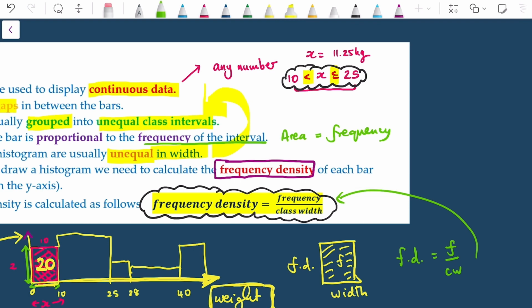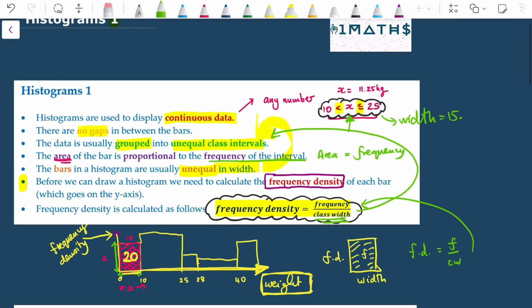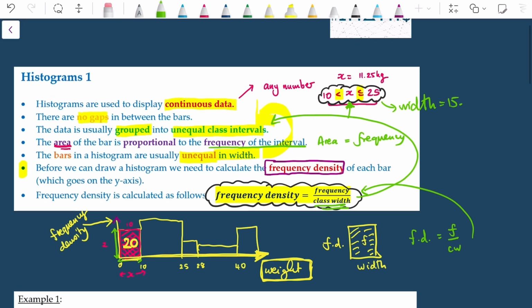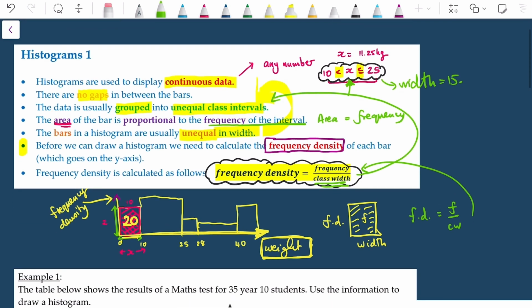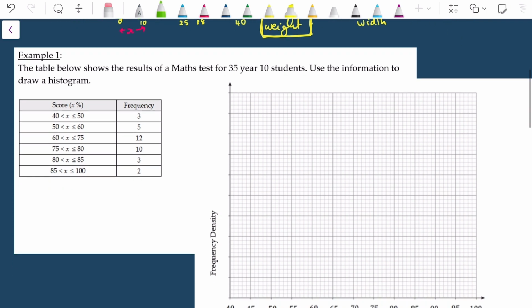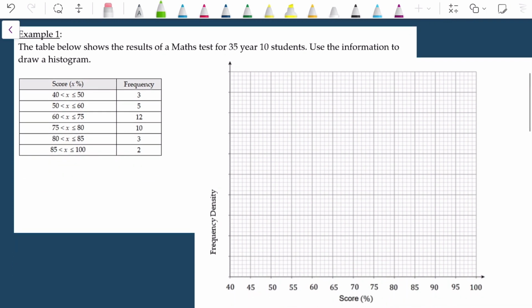Class width is the width of the interval. So for example, here the class width is 15. But don't worry, we're going to work through two examples, and after we've done that, this will all hopefully make sense to you. Okay, so here's my first example.